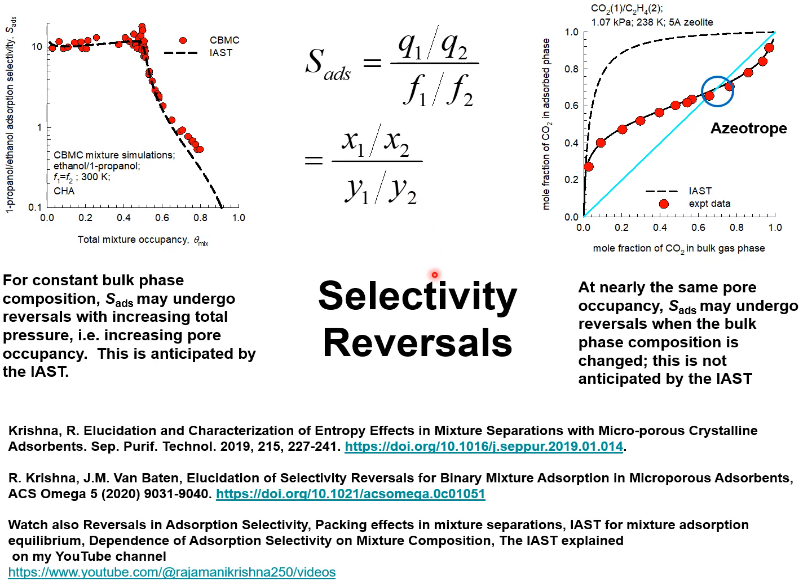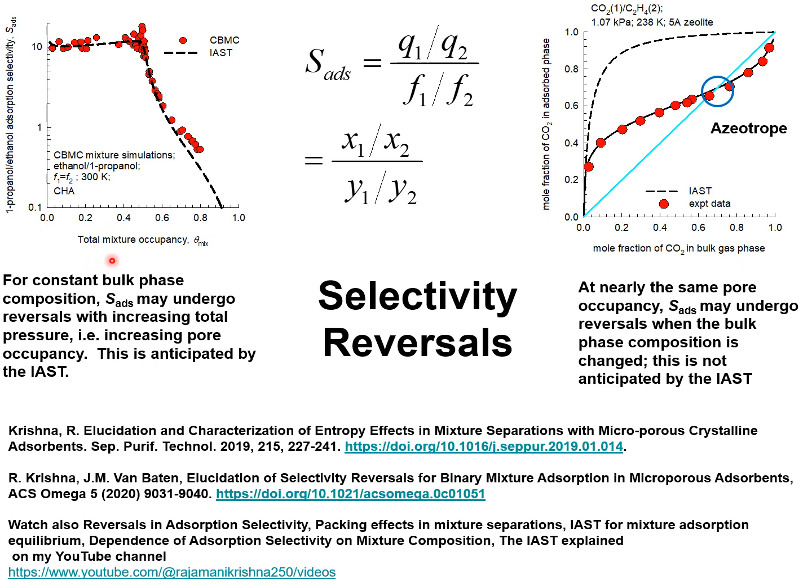My talk today is on selectivity reversals. There are basically two types of selectivity reversals that are encountered in practice, illustrated on the left side by the selectivity of 1-propanol to ethanol in chabazite.